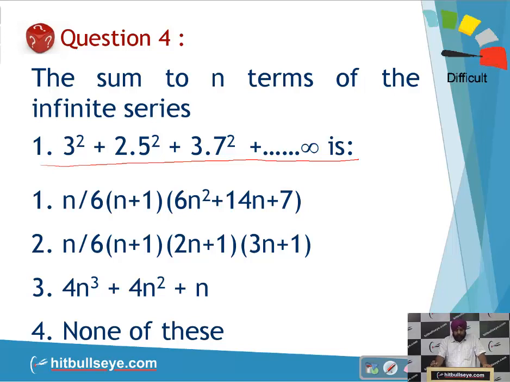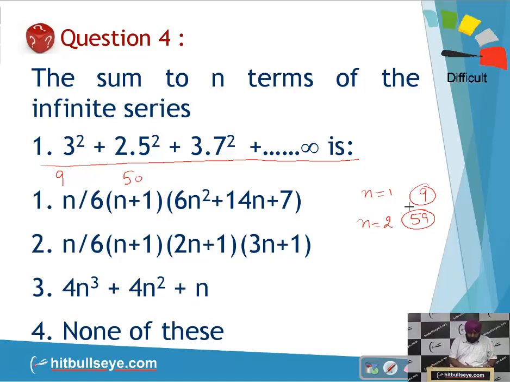So first we put n is equal to 1 in the option. The first sum is 1 into 3 square, that is 9. Then 5 square into 2, 25 into 2 is 50. So the answer should be such that on putting n is equal to 1, we should get 9, and on putting n is equal to 2, we should get 59.